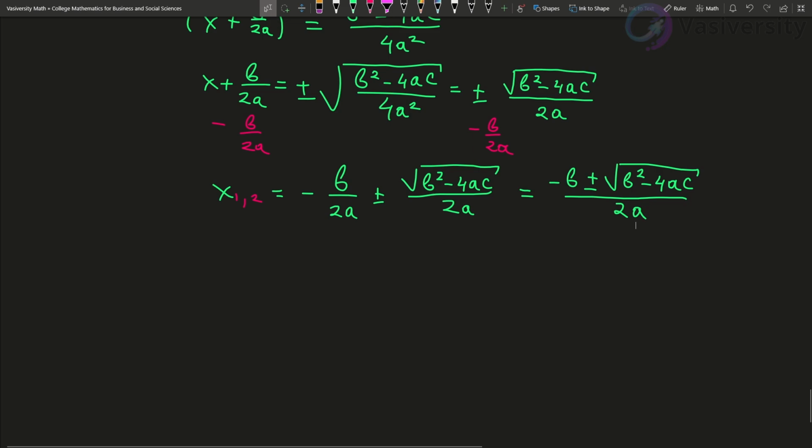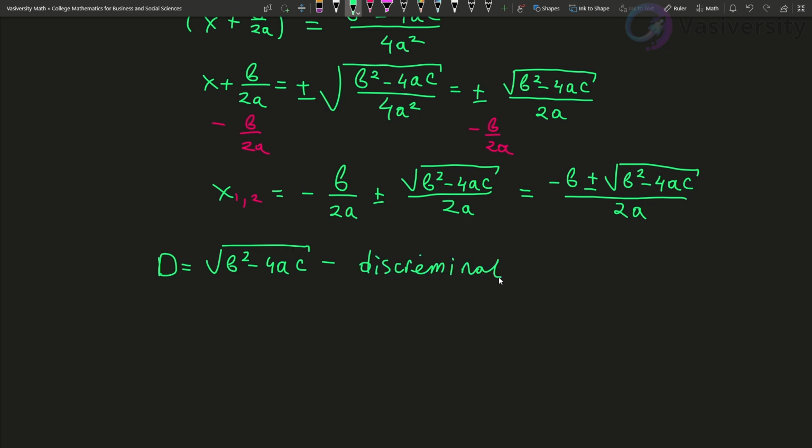And one of the important things to keep in mind is the definition of how many roots we can have and what kind of roots we will have in a quadratic equation. That comes from the square root. And the expression under the square root, we call it D, which is b squared minus 4ac, and it's called a discriminant, right? Discriminant. Okay, and that discriminant symbolizes what kind of solutions we will have.